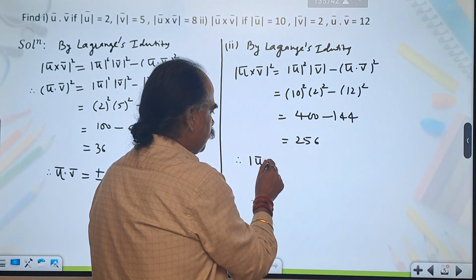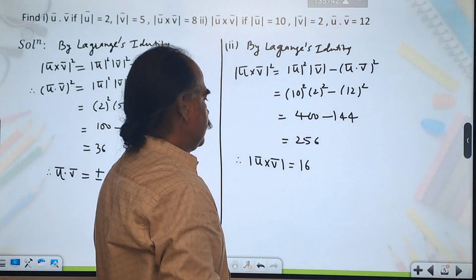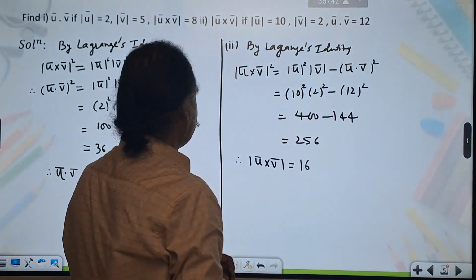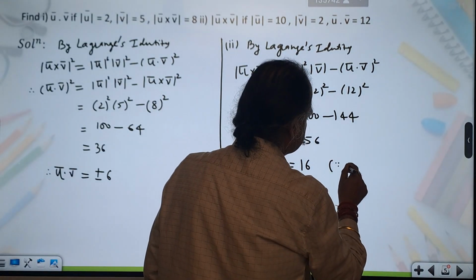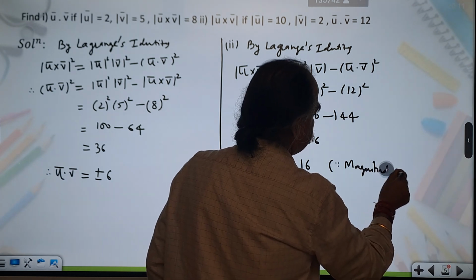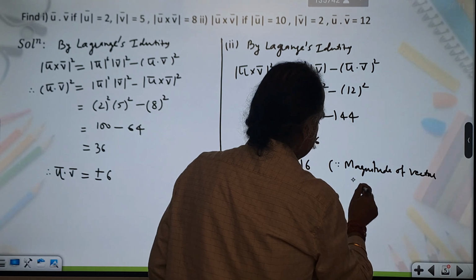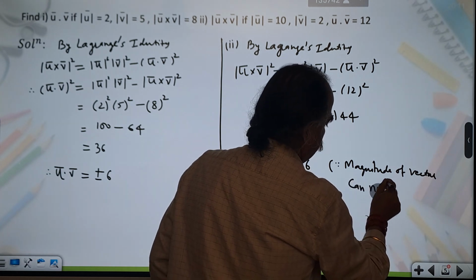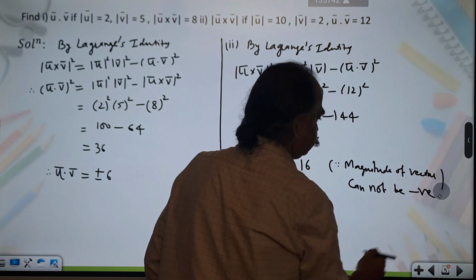So magnitude of u cross v is 16, because magnitude of vector cannot be negative.